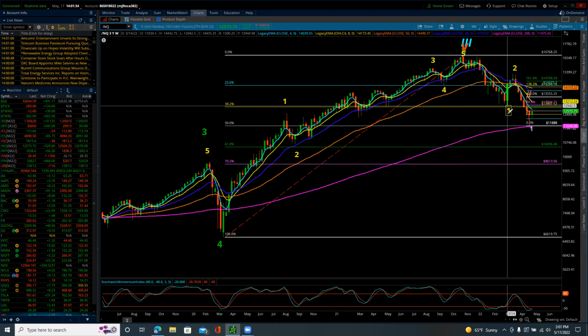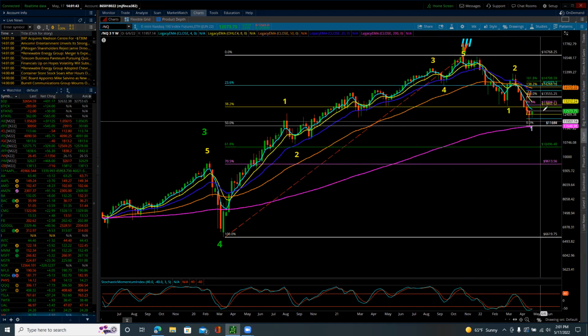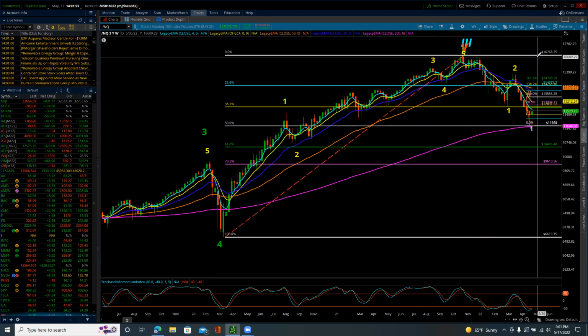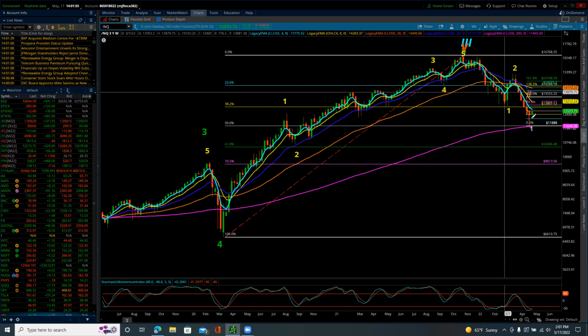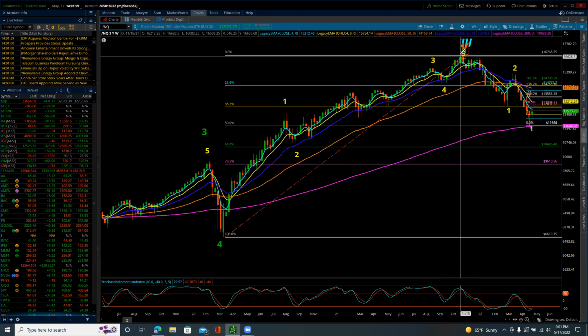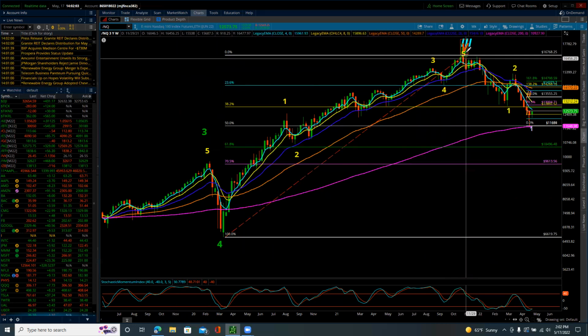Now, yes, there remains the potential that this could be intermediate wave A, this could be intermediate wave B, we do an intermediate wave C and produce then a much stronger rally with the high potential then to possibly go to new all-time highs, either as a B wave or just as a continuation of this longer rally with an extension occurring within this primary fifth wave.